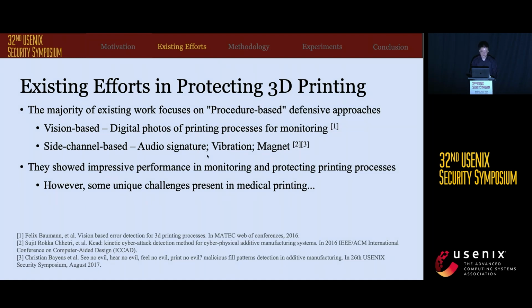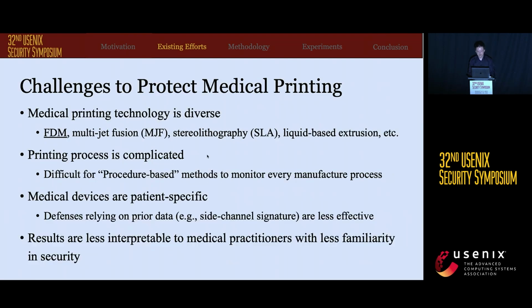However, we observed some unique challenges in medical printing. We summarize our observations into 4 main challenges. The first is that medical printing technology is diverse, beyond just FDM, which has been extensively studied in existing literature.